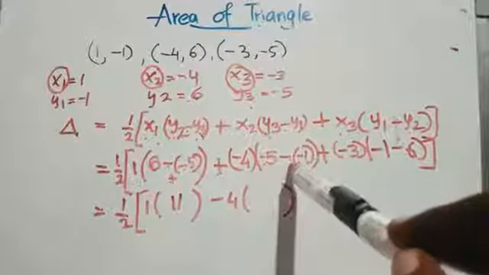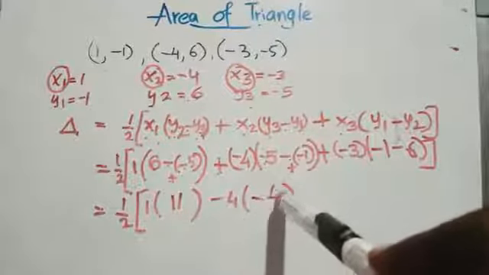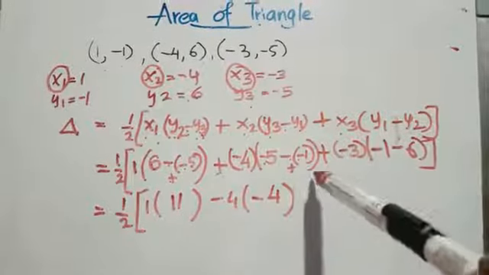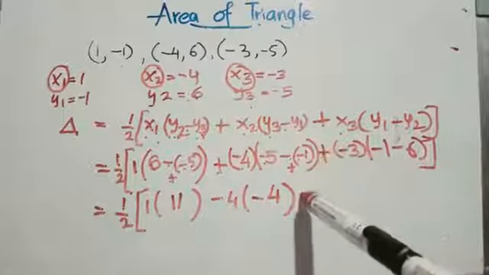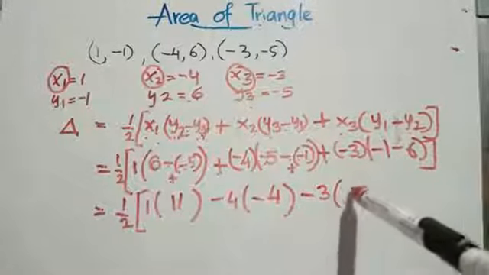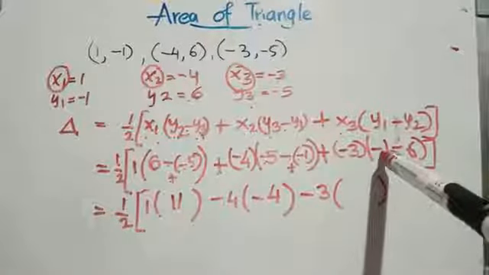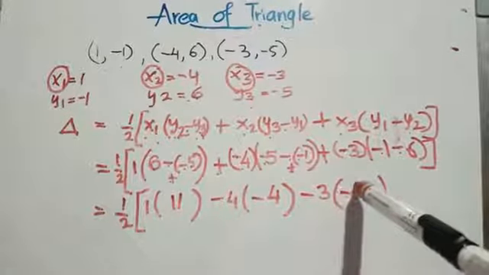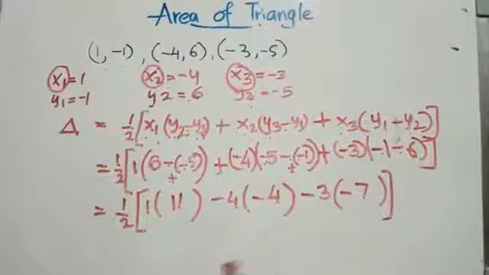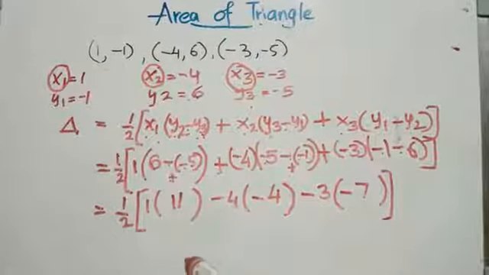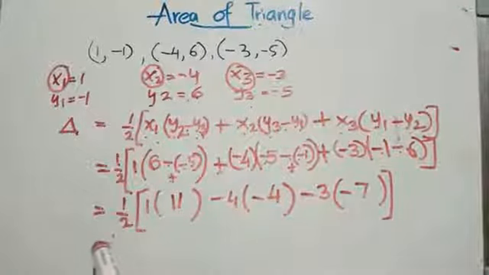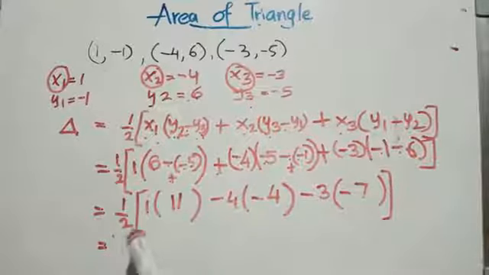So minus 5 plus 1 is minus 4. Plus into minus, minus 3 into minus 1 minus 6 is minus 7. So basic calculations you have to do without making any mistake.